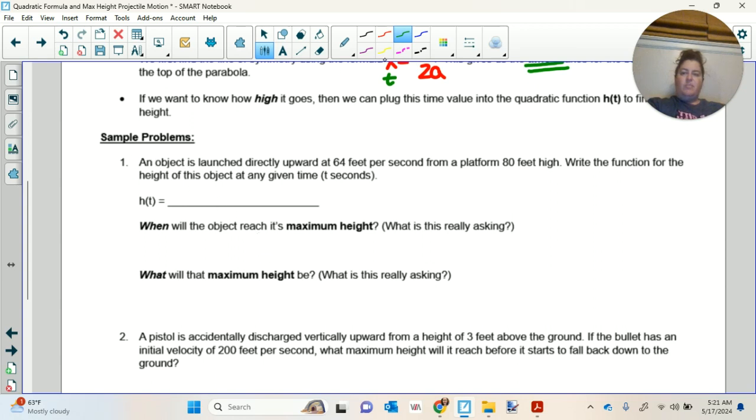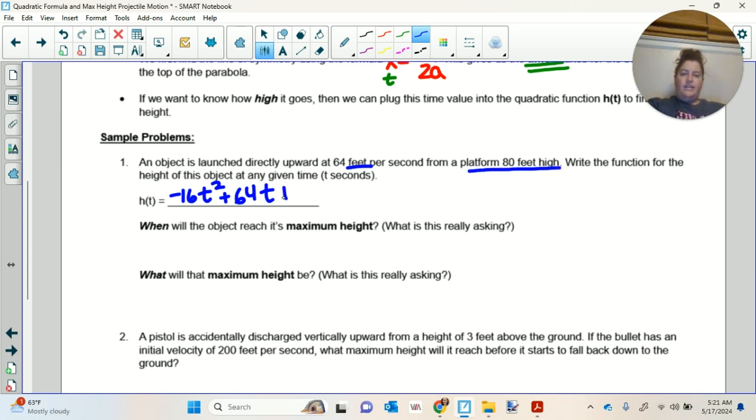we're going to come down here to our sample problems. If an object is launched directly upward at 64 feet per second, so we're dealing with feet, I'm going to have my gravity of negative 16 feet per second squared. It tells me that I'm going to go upward at 64 feet per second for my launch speed or velocity, and from a platform 80 feet high.